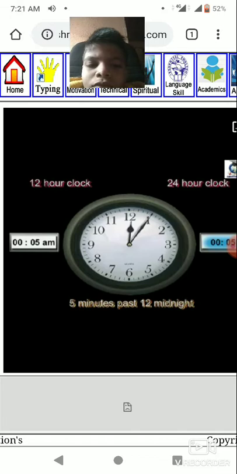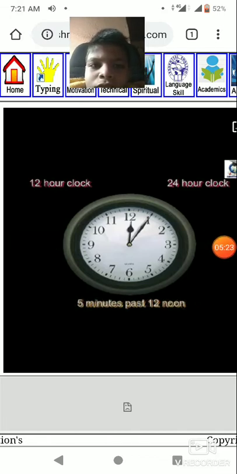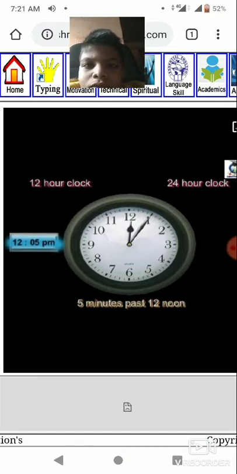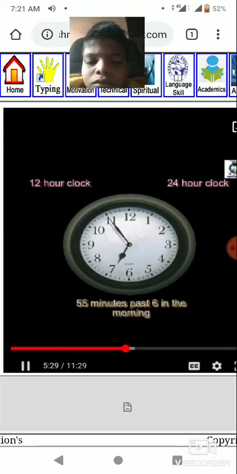There is no am written. Then 5 minutes past 12 noon is written in 12-hour clock as 12:05 p.m. and in 24-hour clock 12:05.